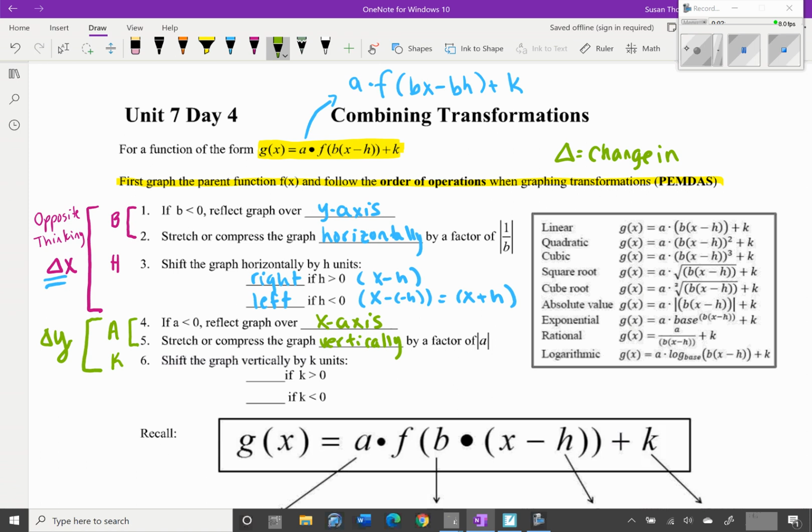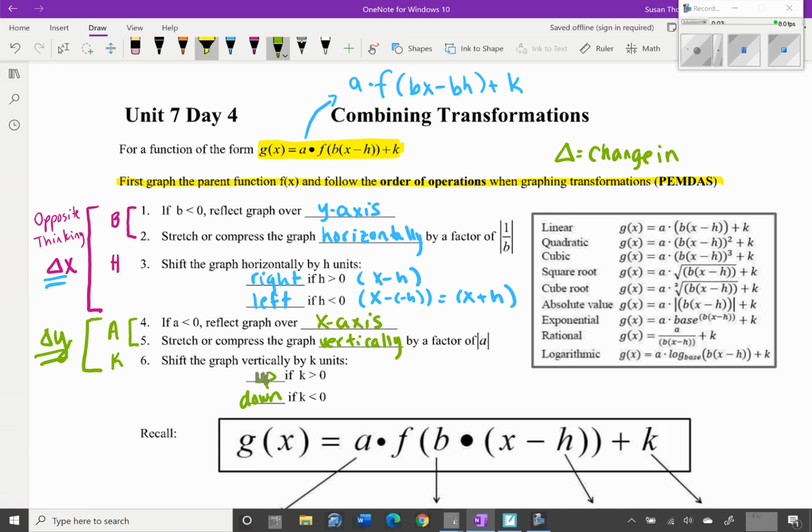Again, notice the absolute value because the negative is reflection. And the k value just moves our graph up k if it's bigger than 0, or down k if it's less than 0. So when you're moving stuff up and down on your graph, remember that's changing your y on the graph. So again, we'll look at actually graphing these on the next day.